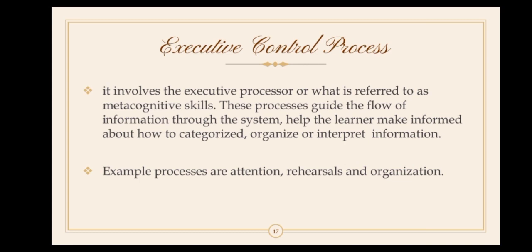It involves the executive processor, or what is referred to as metacognitive skills. These processes guide the flow of information through the system and help the learner make informed decisions about how to categorize, organize, or interpret information. Examples of these processes are attention, rehearsal, and organization.